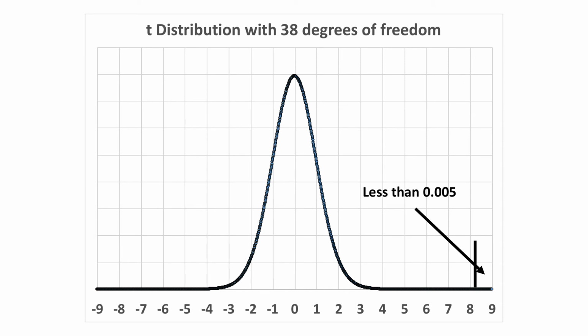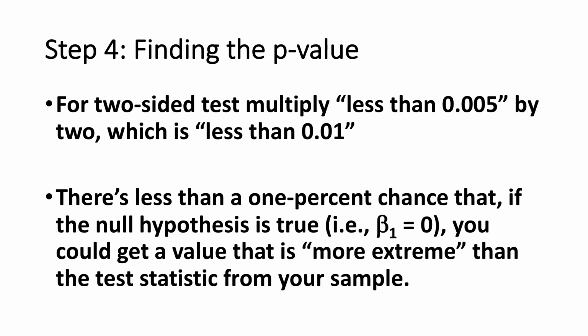Now we can go back to the t-distribution and put in that the area under the distribution to the right of 8.11 is less than 0.005. For the p-value, bear in mind that this is a two-sided hypothesis test, so we actually have to multiply that value of less than 0.005 by 2, which gives us an approximate p-value of less than 0.01, or say less than 1%.